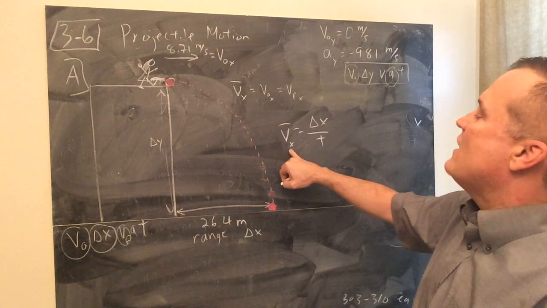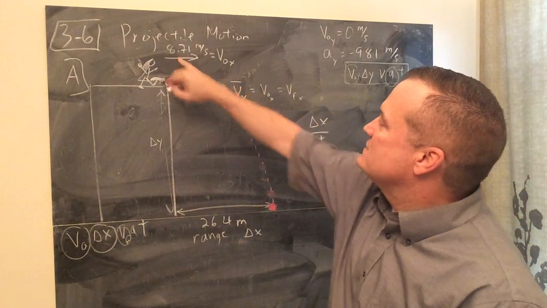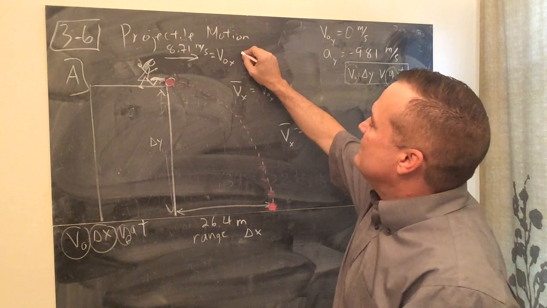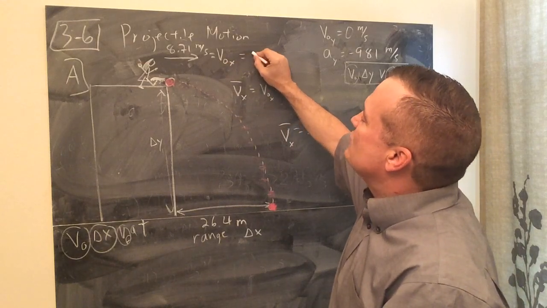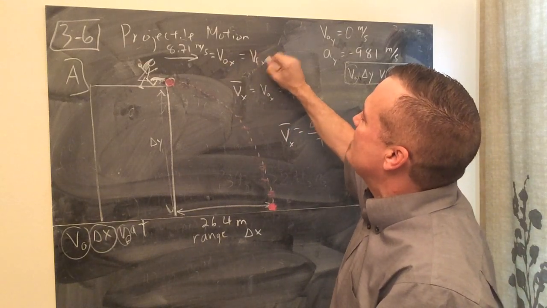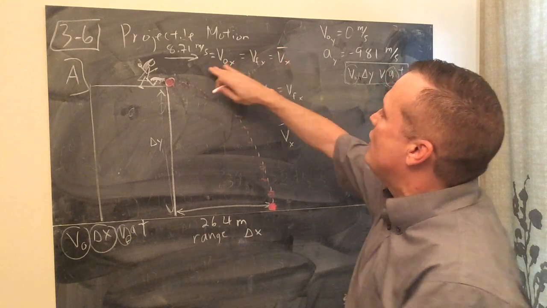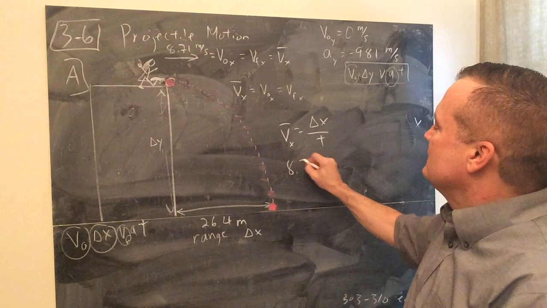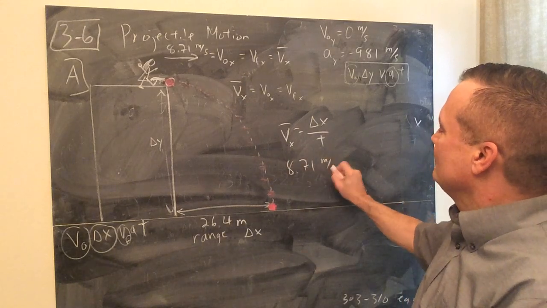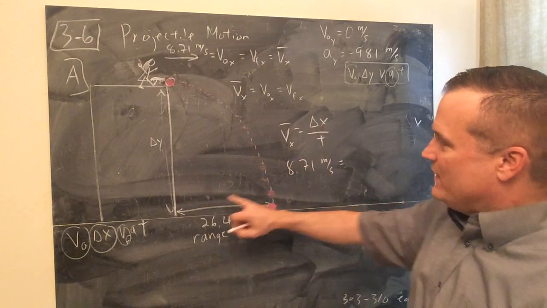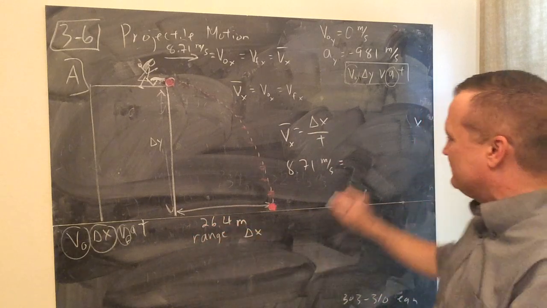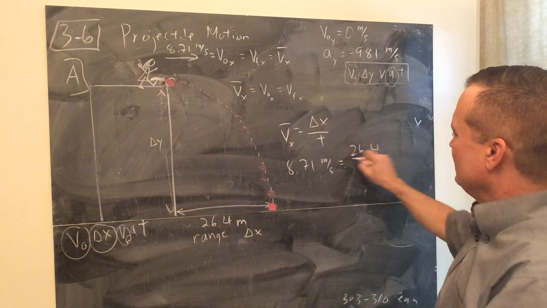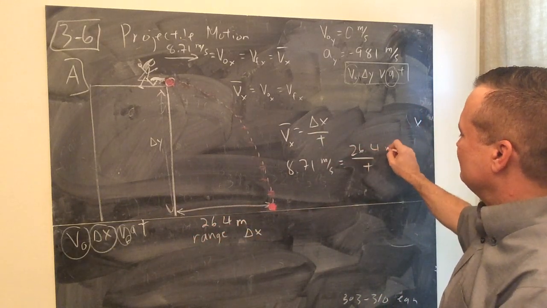All right, so in the horizontal direction, 8.71. Remember, Vox, the initial x velocity is equal to the final x velocity, which is equal to the average x. They're all the same. So that is also 8.71. So I'm starting to do the math here. Equals delta x. We know delta x is 26.4 divided by the time.